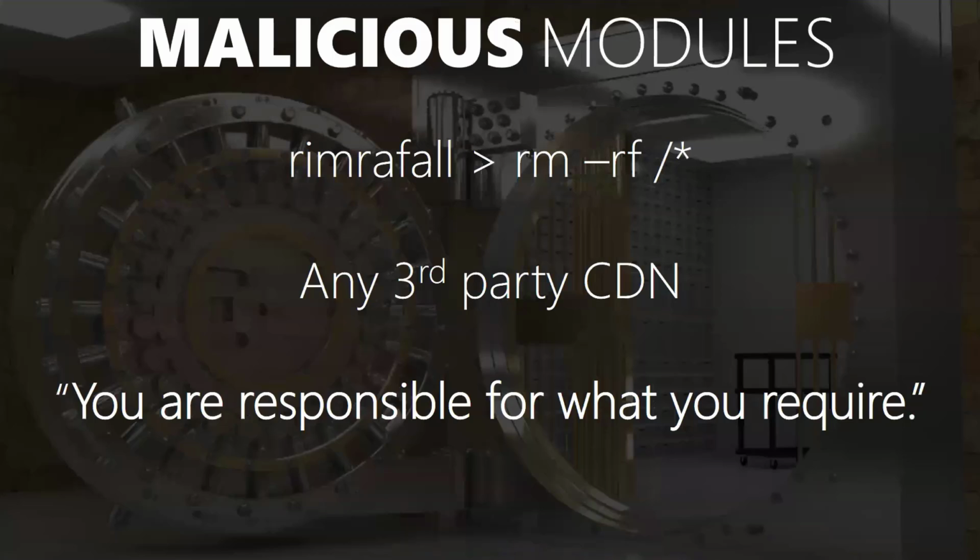If you've heard of it or not, Rimrafall was a NPM package that ran the command rm -rf, which basically removes everything. It just deletes absolutely everything. As soon as you install the package, it deletes absolutely everything underneath the root through the node command. So if that's run on your root hard disk, for example, Rimrafall just destroyed all of your data.